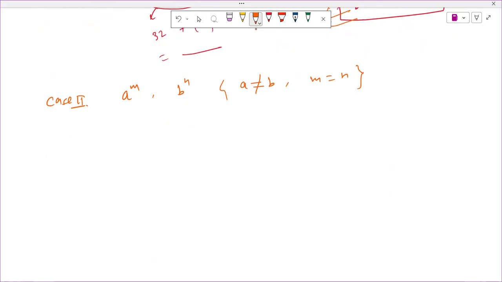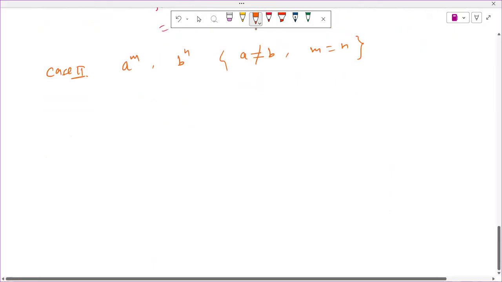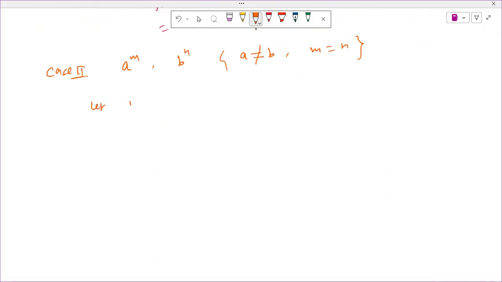Now you will see something very interesting. So let's say m equal to n equal to some k, right? Then what we can write here: a to the power m equals a to the power k, and b to the power n equals b to the power k, right?